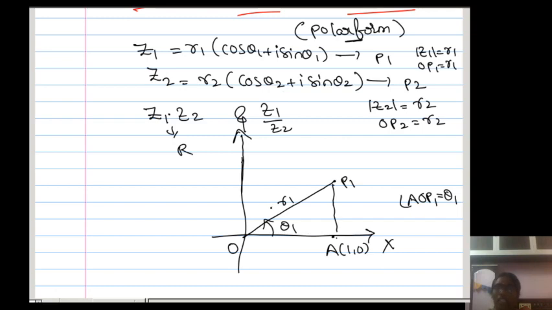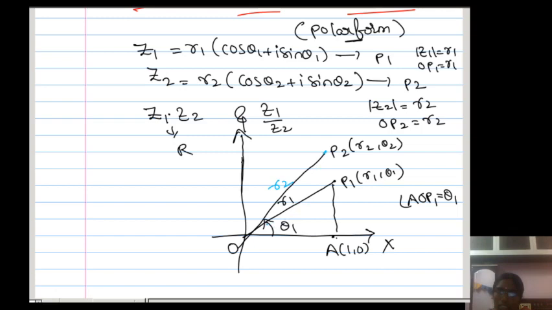So I am taking another point P2. P1 is (r1, theta1); P2 is (r2, theta2). Now what is the OP2 distance? Let us use another color. The OP2 distance is r2, and OP1 is r1.